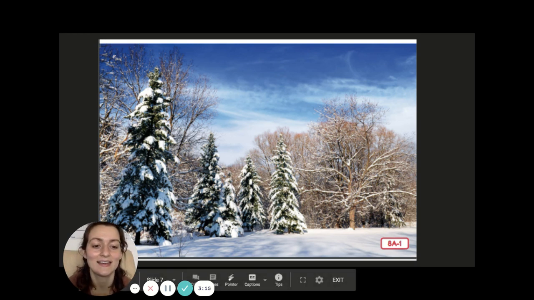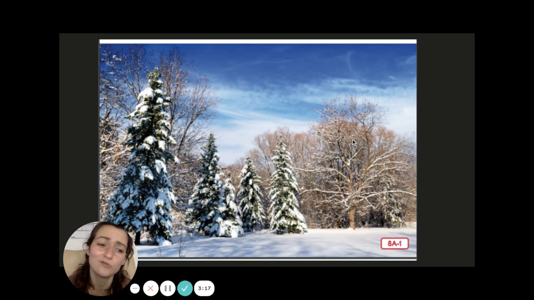Yeah. Now, deciduous trees do not keep their leaves in the winter. Deciduous means the trees lose or shed their leaves in the fall and grow again in the spring. Pretty cool. So our main idea of today's lesson is deciduous trees. Listen carefully to find out what happens to deciduous trees throughout the year.